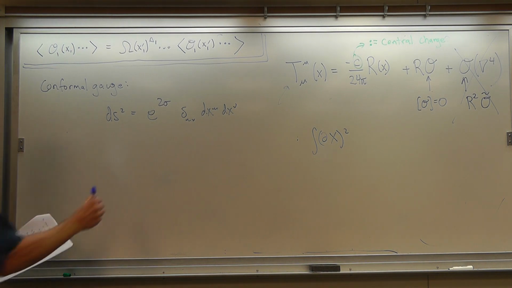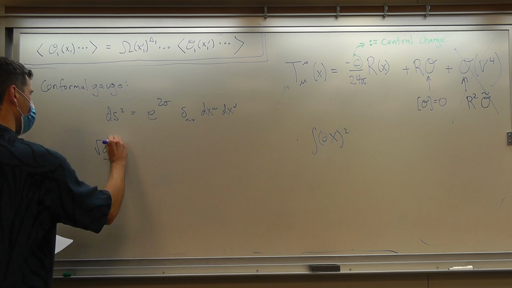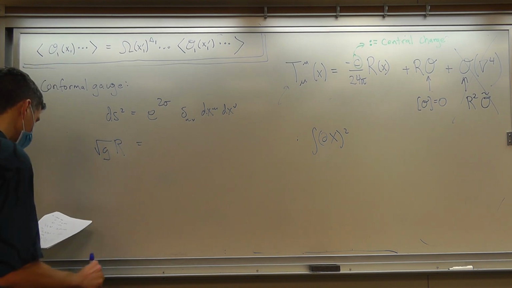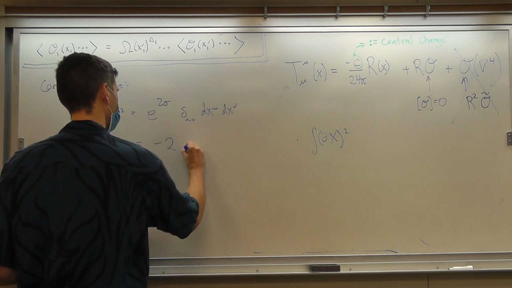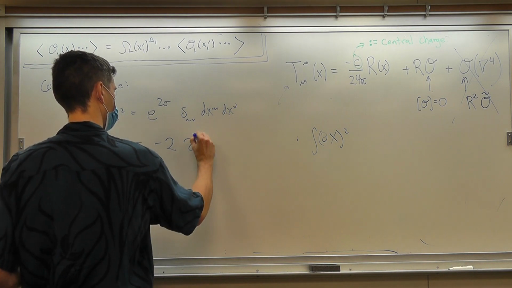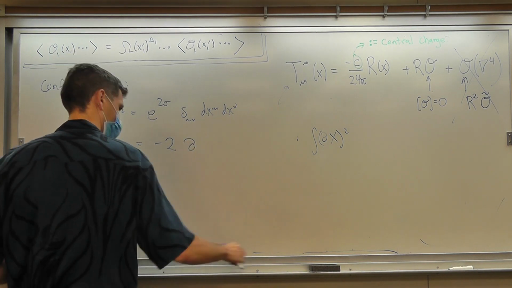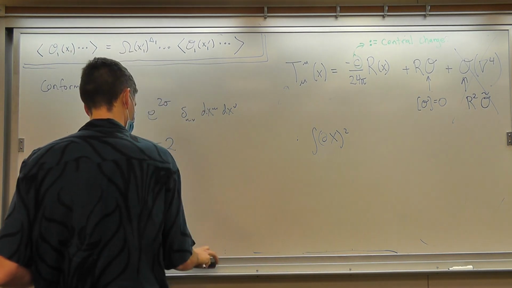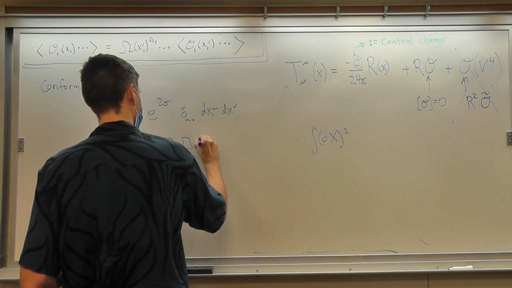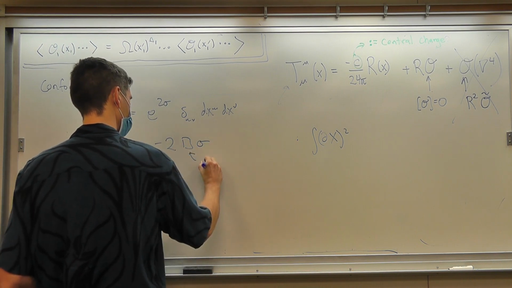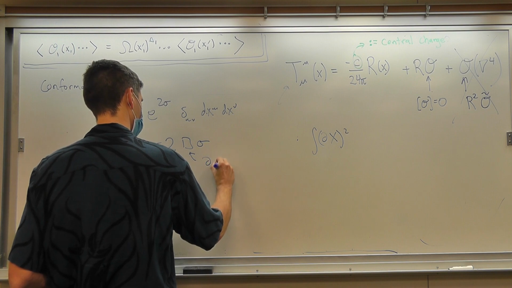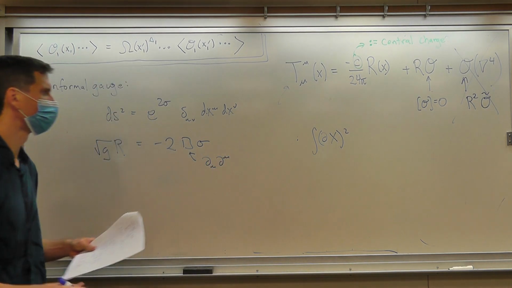In conformal gauge, root g R is minus 2 box sigma, where box means d mu d mu.